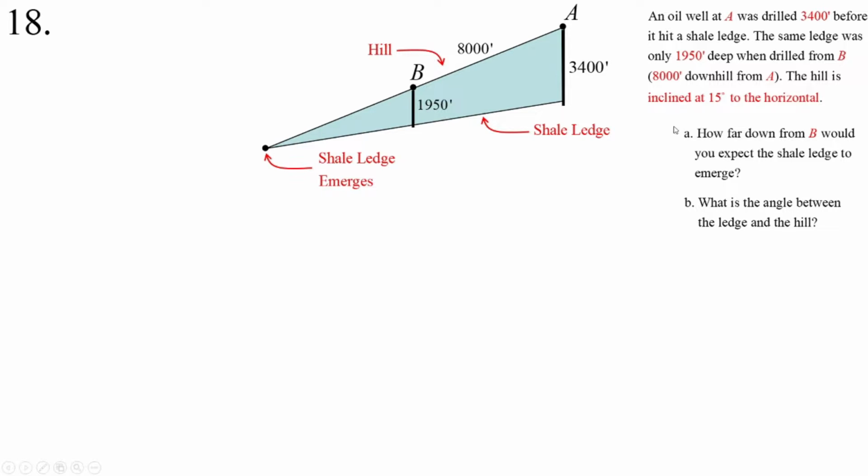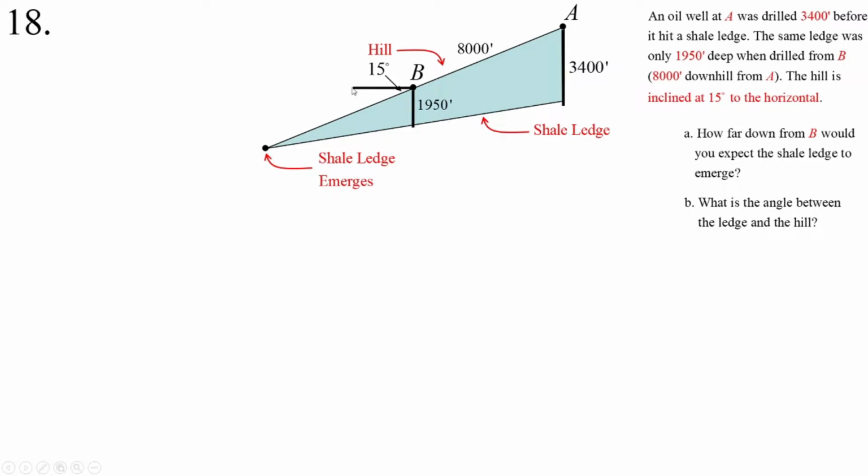Anyway, the hill is inclined at 15 degrees to the horizontal. So that means at this point B right here, I could put a horizontal. And if the hill is inclined at 15 degrees, that means this acute angle right here is 15 degrees. Okay, so what does that tell us about some of the angles in the triangle?